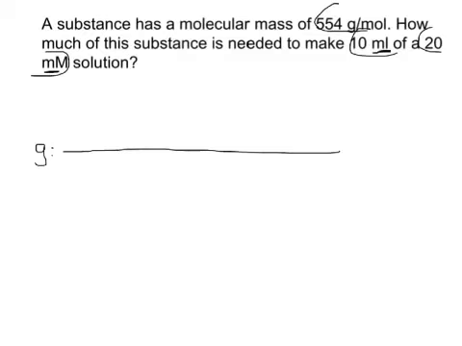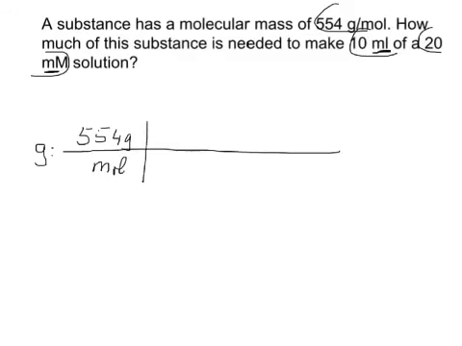So first of all, we make sure that we have the grams that we are looking for. We find that in our givens, and we see that it is given in the molecular mass. So we just simply write it in such a way that the grams are on top of the line. So we have 554 grams per mole. So that's the first thing.